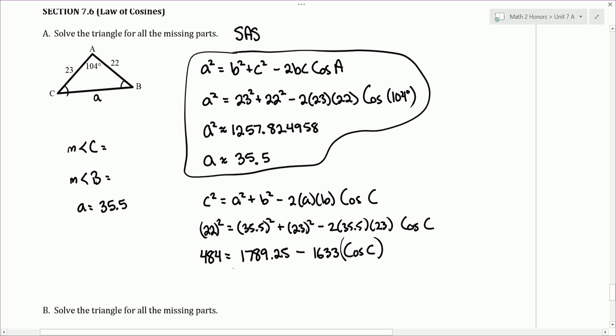So first, subtract 1789.25 from 484. And you end up with negative 1305.25 is equal to negative 1633 times the cosine of C. Then divide both sides by 1633.